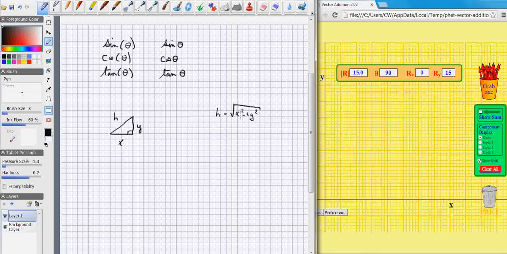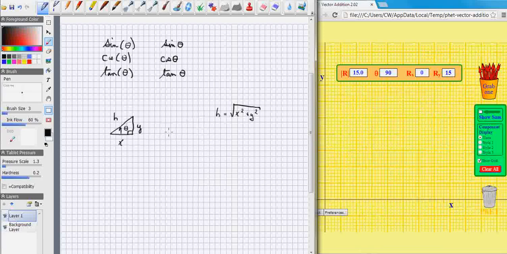So 4 squared, 16, plus 3 squared, 9, is 25, and H would be equal to 5. So it would be a 3, 4, 5 triangle. Let's call this angle right here, the angle between the horizontal and the hypotenuse, theta.